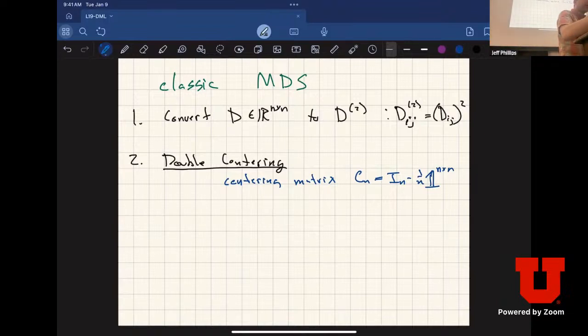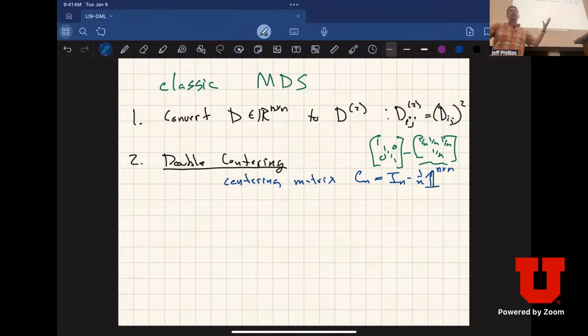This term here is a square matrix, and each entry is 1 over n. So it's the all ones matrix divided by n. In is the identity matrix, with ones on the diagonal. And so I'm subtracting from the identity matrix the matrix with everything equal to 1 over n.